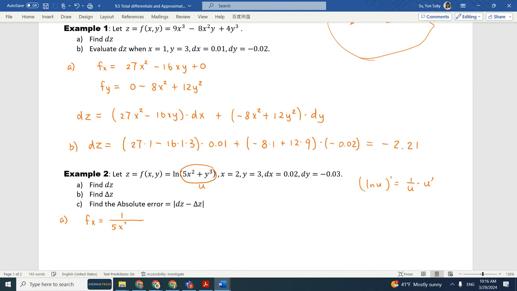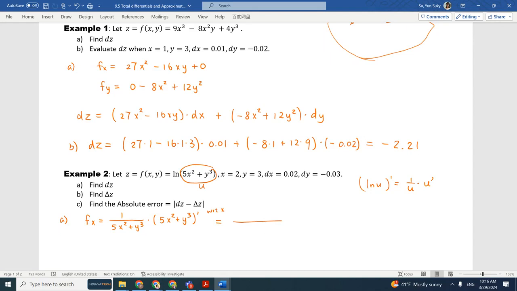5x squared plus y cubed. Yeah, and we multiply by u prime. Everybody? So 1 over u times u prime, but this prime is with respect to x. Okay, so can we put them together?